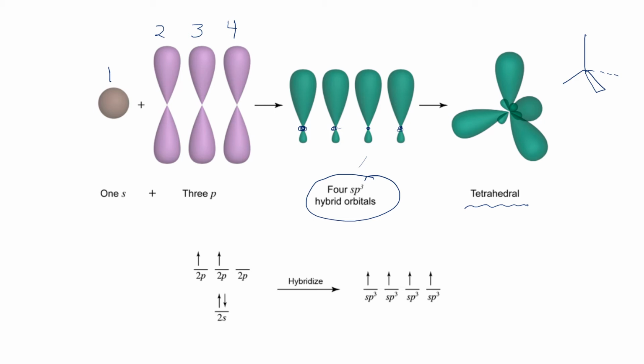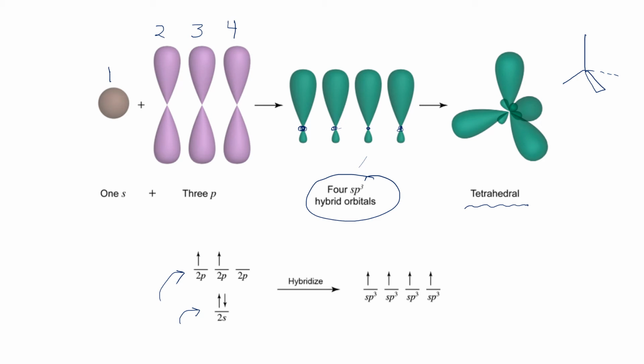When we look at energy level diagrams, by the time you hybridize the s orbital and the 3 orbitals in this p subshell, the hybrid orbitals end up a little bit higher in energy than the 2s, but a little bit lower in energy than the 2p.